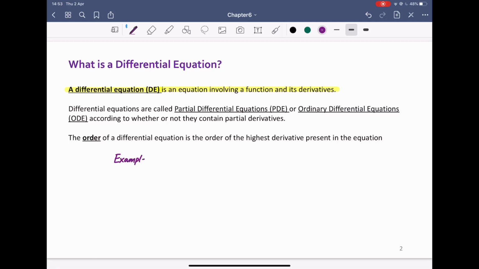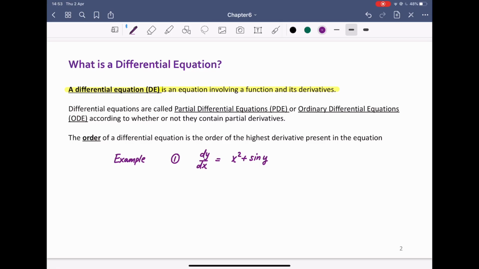Example number 1. Let's say that you have dy/dx equal to x squared plus sine y. This is a differential equation because it shows you a relationship between x, y, and dy/dx.